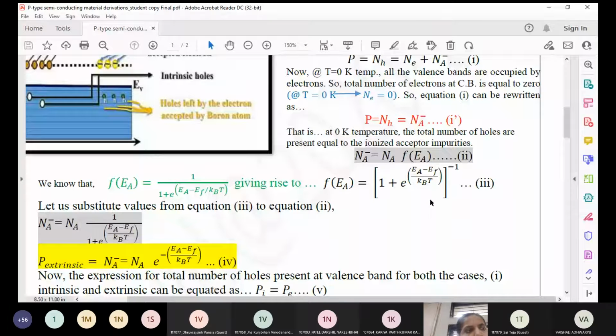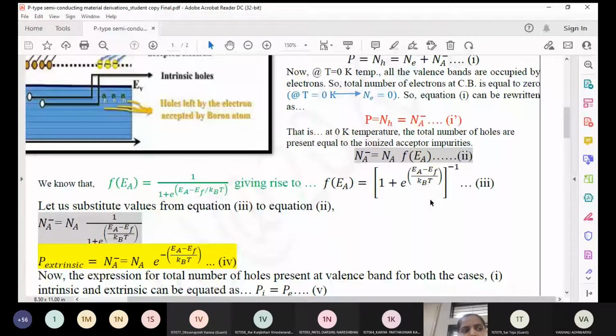Yes, Sai, let me tell the other students about the approximation which we have taken up here. Do we all know the approximation? When we consider electrons in n type, holes in p type, we have taken an approximation.